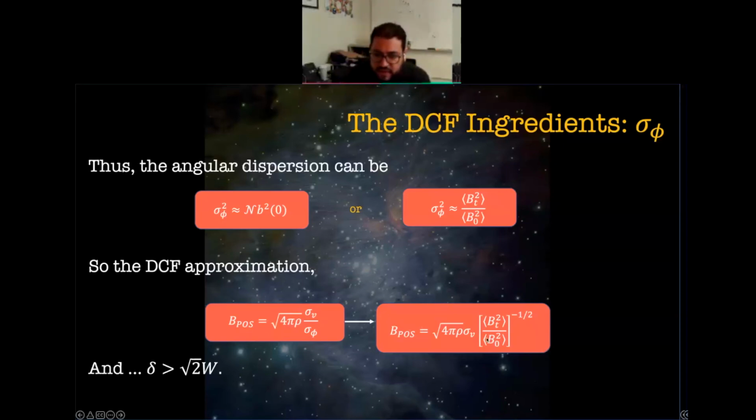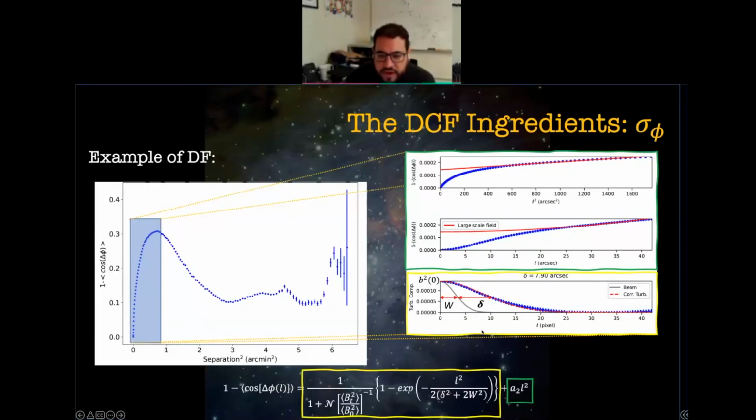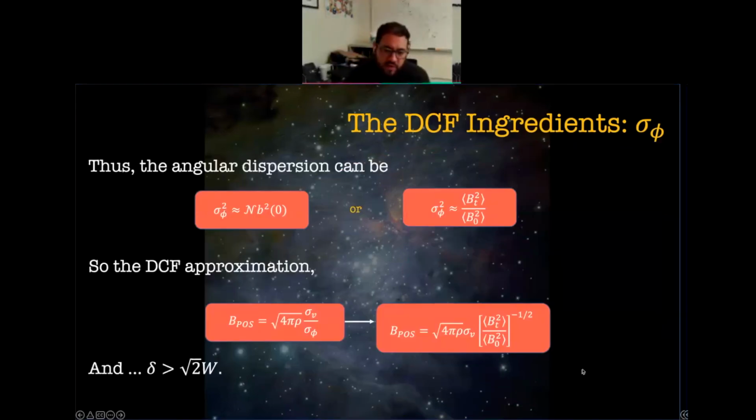You see that in this case, it depends on the square root of this parameter, all right? Now, of course, in the example that I showed before, from fitting these functions that we have here, we can obtain those parameters that we are interested in to fully evaluate this DCF expression.